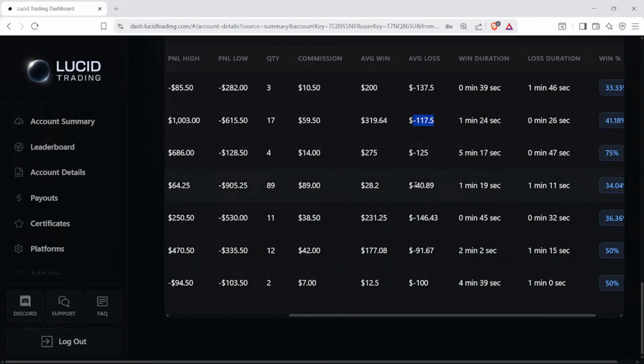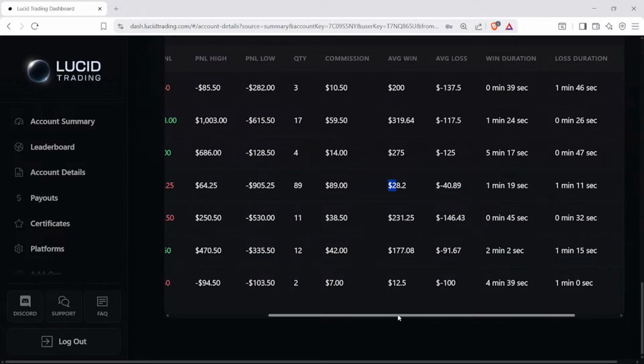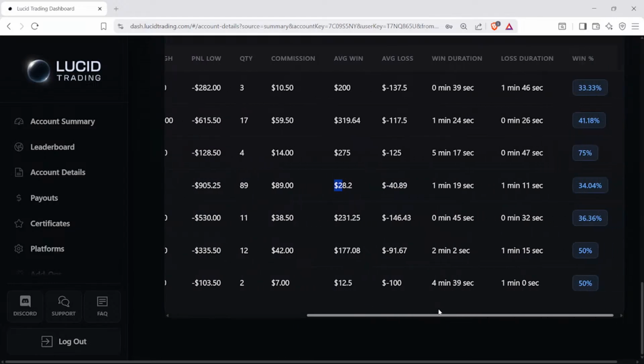And the micros, I got a higher loss, this is the day of the micros. Average win is higher than the average loss, except for here. Wow, this is crazy. Average loss 100, average win $12.